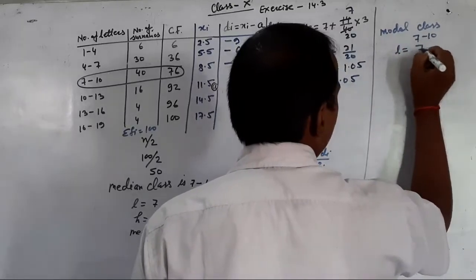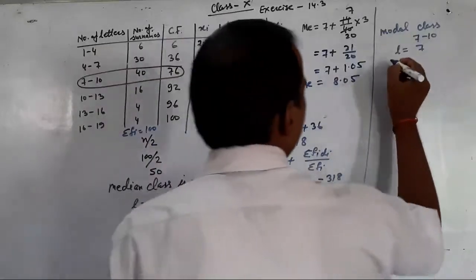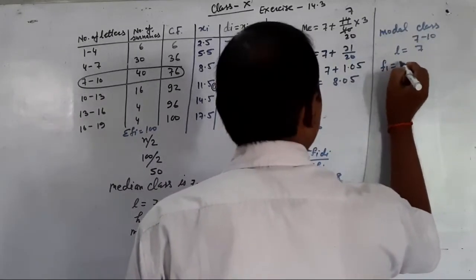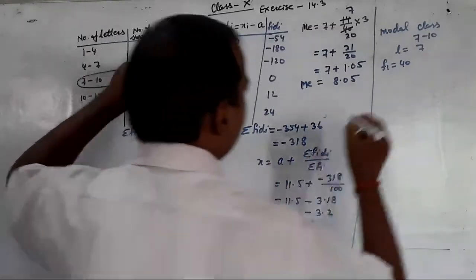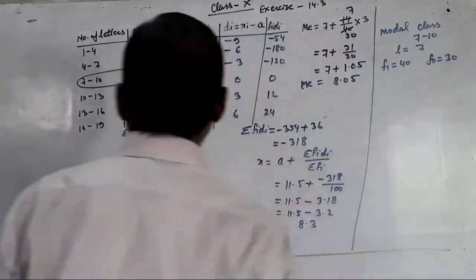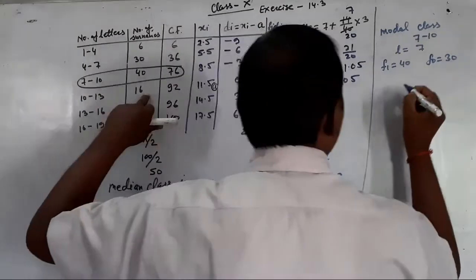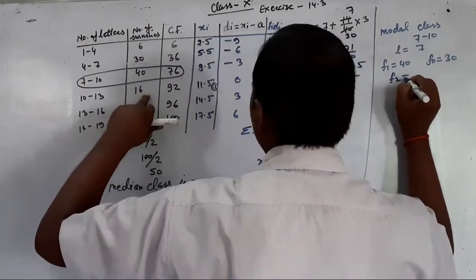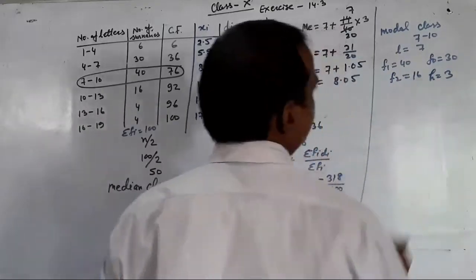So L equals 7, and the frequency of the modal class, it means f1, equals 40. Frequency of the previous class f0 equals 30, and the frequency of the succeeding class f2 equals 16. Range is 3.